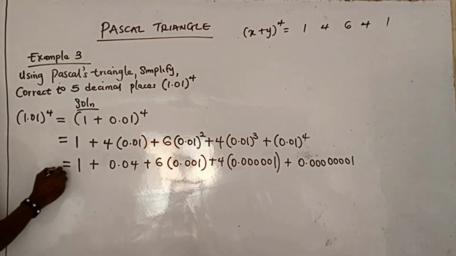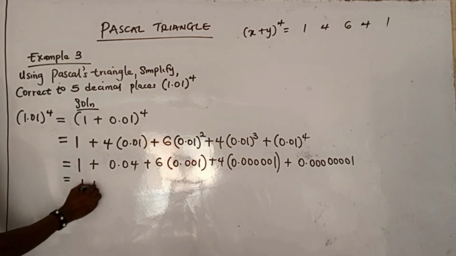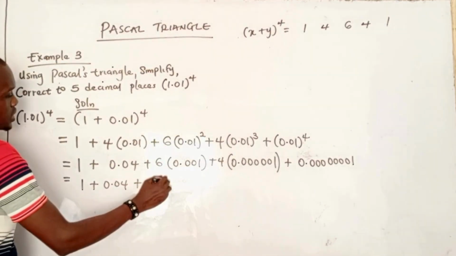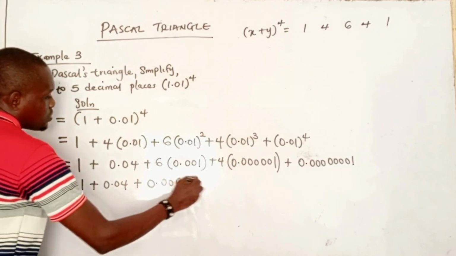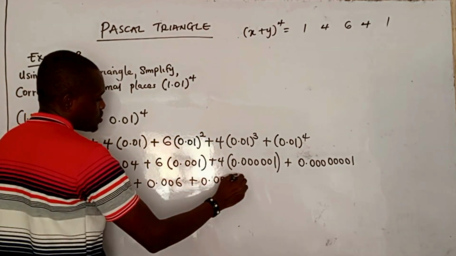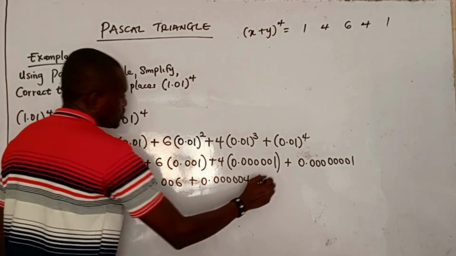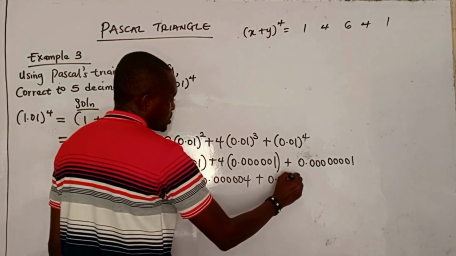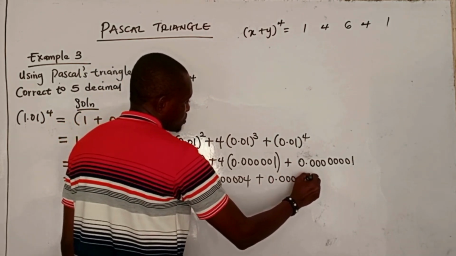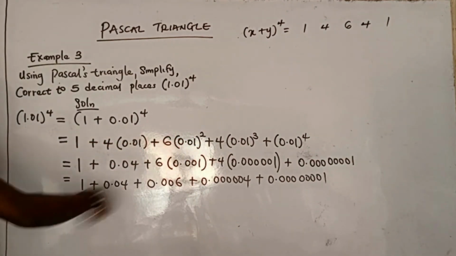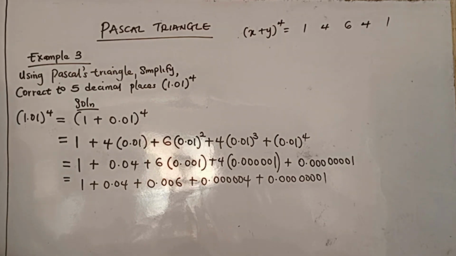So by the time you open up everything, I'm going to have 1 plus 0.04 plus 0.0006 plus 0.000004, then plus the last one is 0.00000001. So we now add up everything to get our answer. Then how do we add?